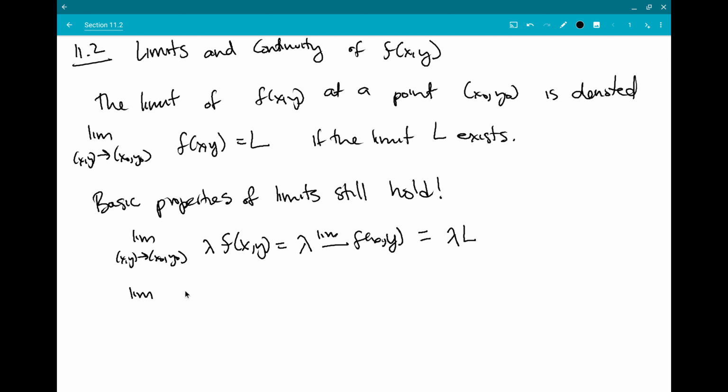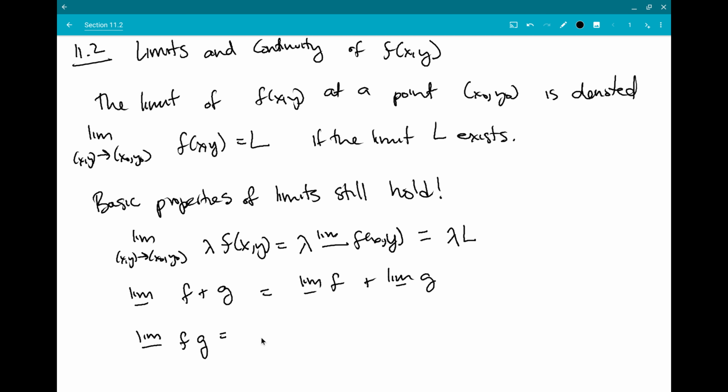And then you've got sums: the limit of the sum f plus g is the same as the limit of f plus the limit of g. I'm going to suppress all this bottom notation stuff, but hopefully you get the idea that it's that thing right there. Multiples are going to work exactly the same way as they did for functions of one variable.